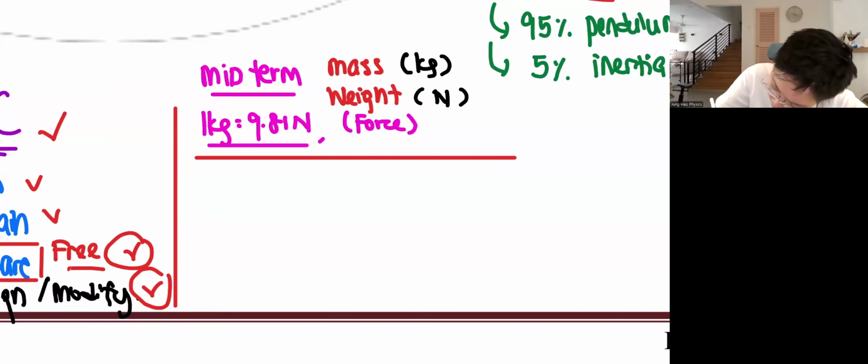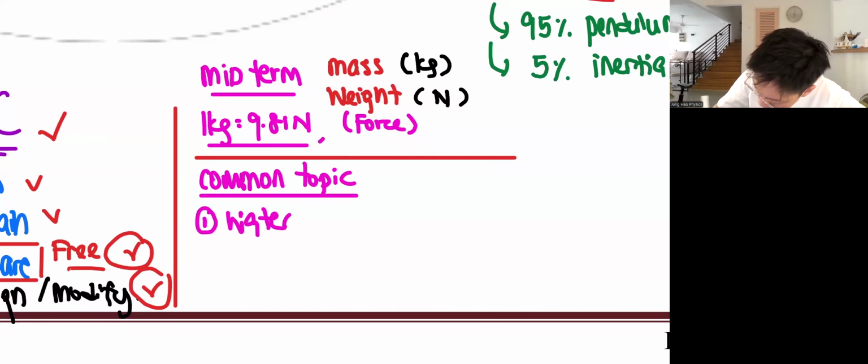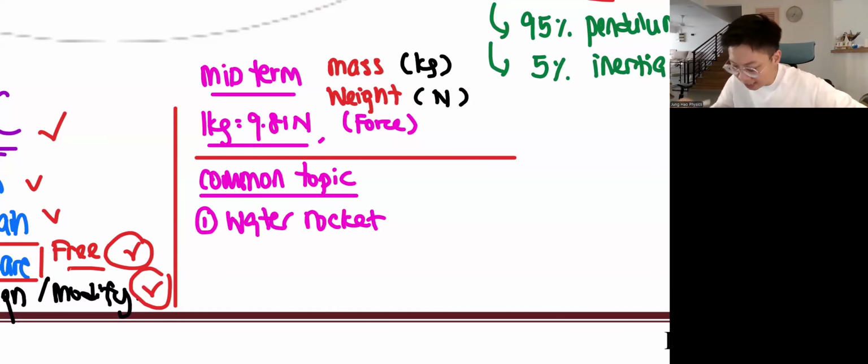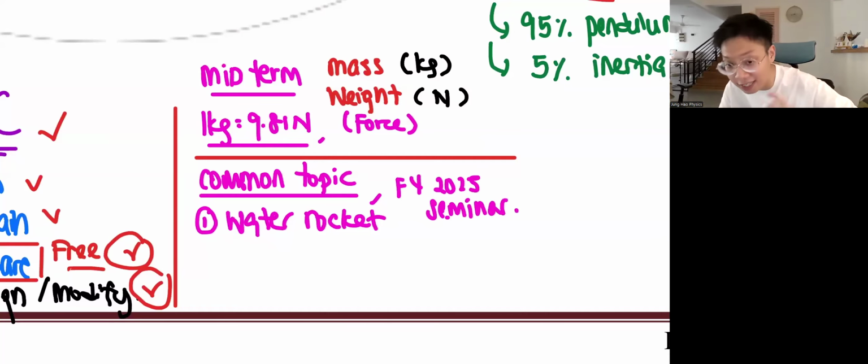Okay. So if you ask me what are the usual common topics that I wanted to do, but today I tak sempat to do, number one, water rocket is a very common topic. And please, you can find this in my Form 4 2025 punya seminar. You can find this there.